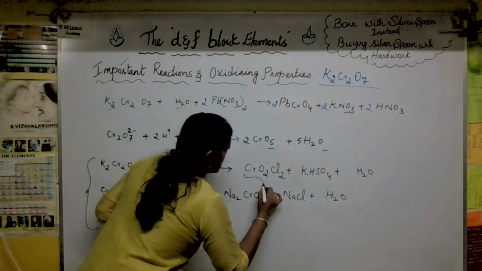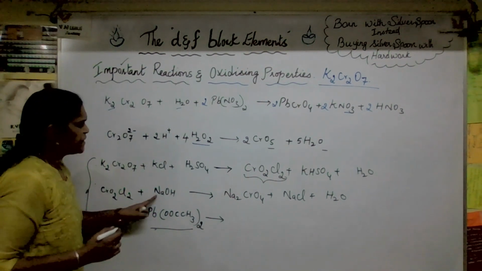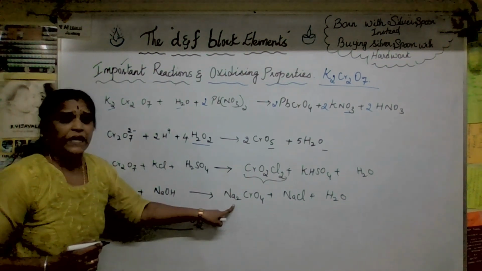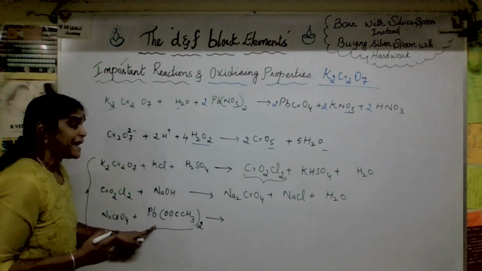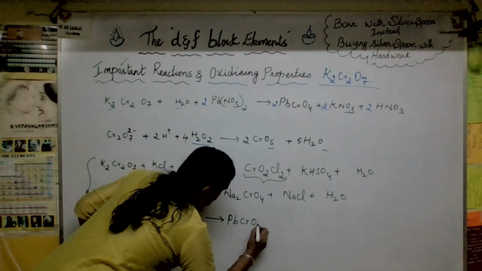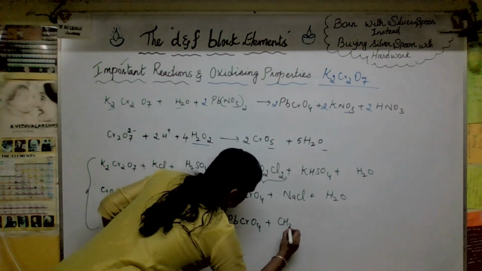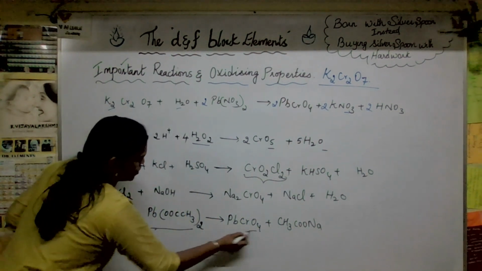Actually, this is chromyl chloride, no? This is a chain reaction. This chromyl chloride again reacts with sodium hydroxide. You will get sodium chromate. This sodium chromate again reacts with lead acetate. You will get lead chromate, PbCrO4 plus CH3COONa.